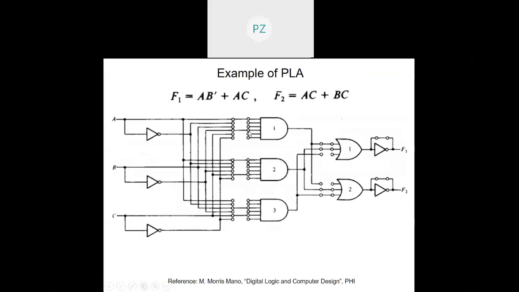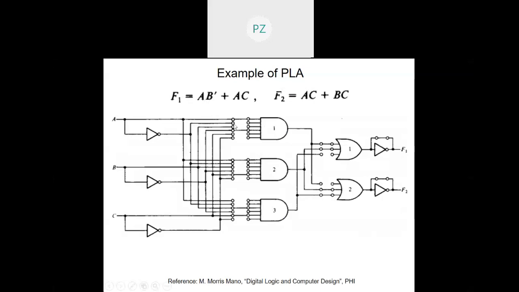So now you see this AND gate is receiving not only A but also A', not only B but also B', and C and C'. So all of them will be receiving A', B', C'. Now it is up to me. I want to realize AB'. So I'll keep the link corresponding to A intact. A' I'll blow off.